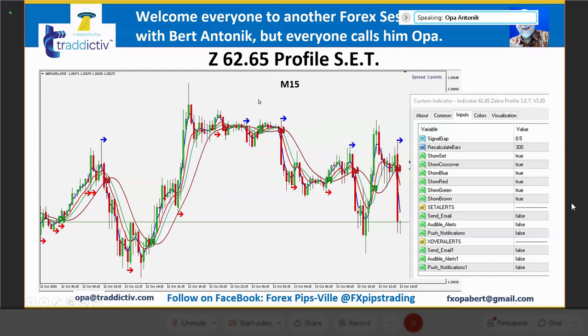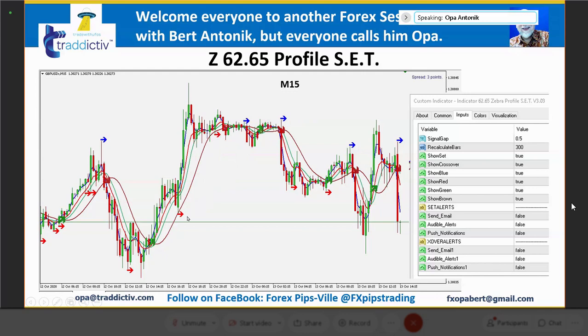Now, in addition to the profile, we have the SET, and that is these arrows that point to the right, okay?